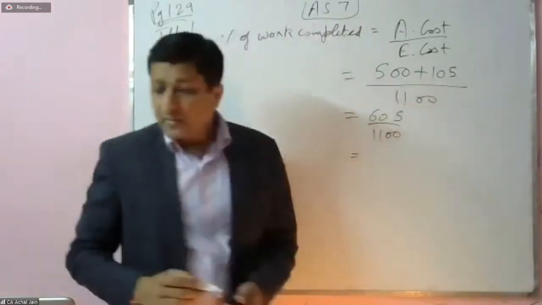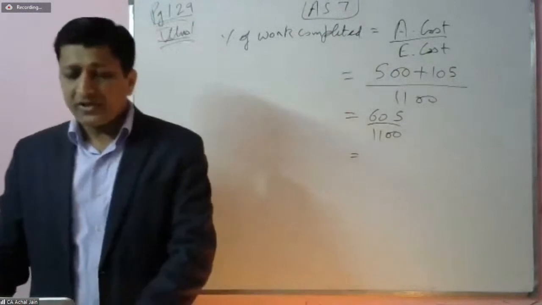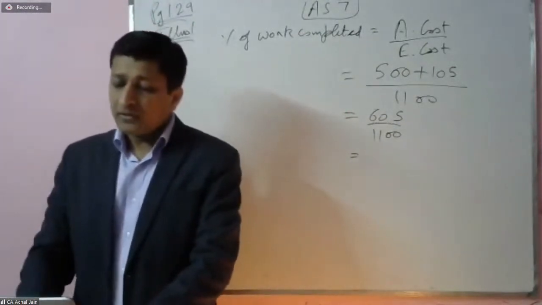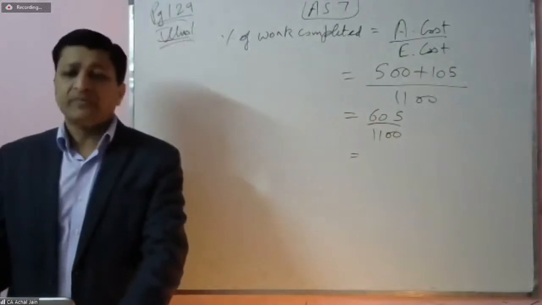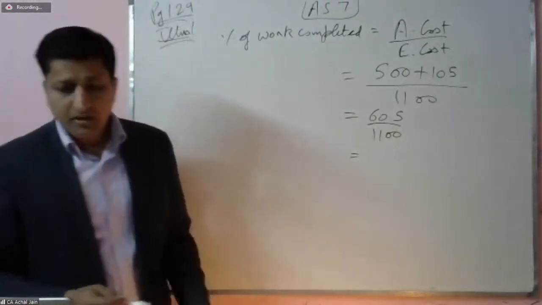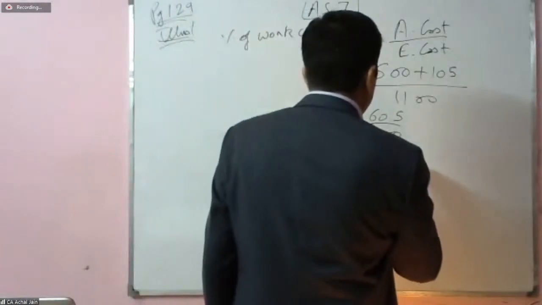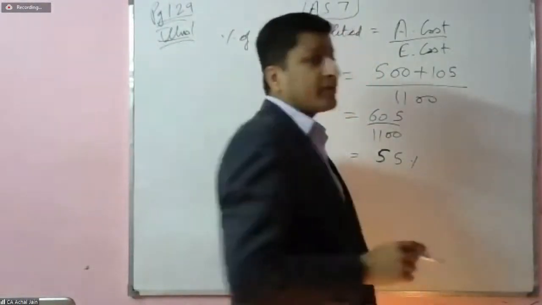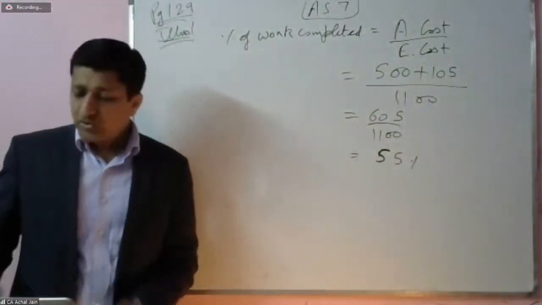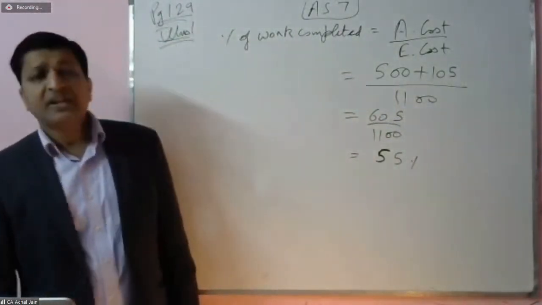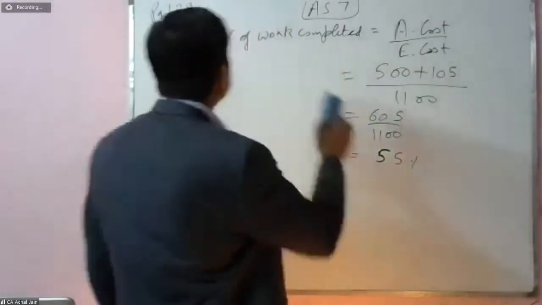So can you tell me what do we get? Percentage completion, quickly. Pooja Pradeep is saying, sir, it will be 55%. Okay, great. So the percentage completion is 55. Please remember, in most of the questions, this percentage will have to be computed by you.